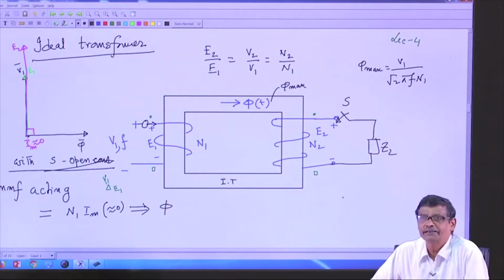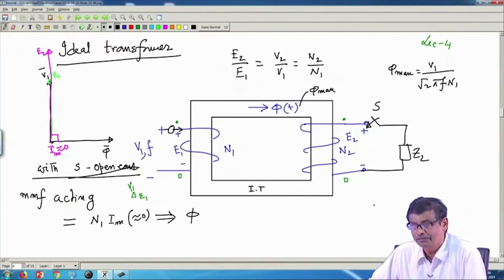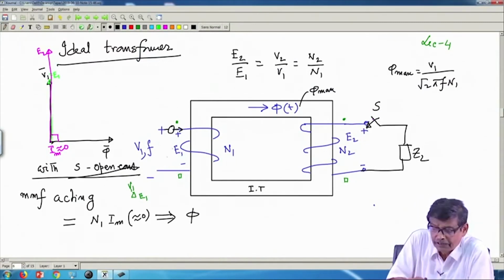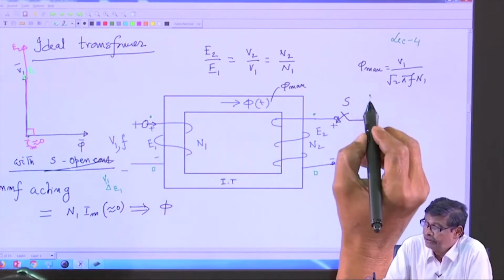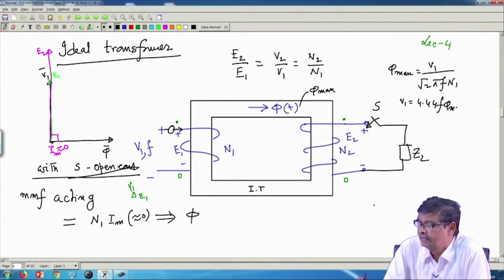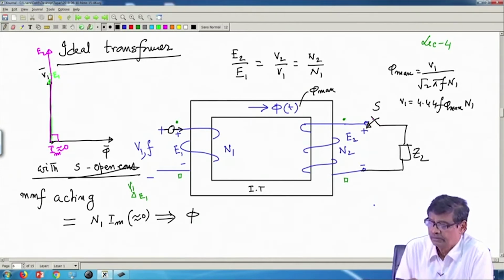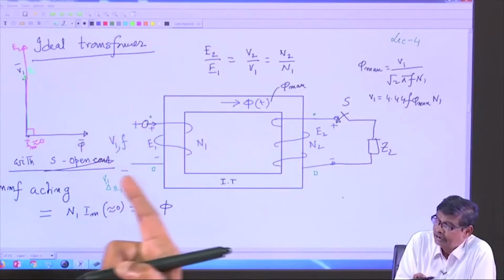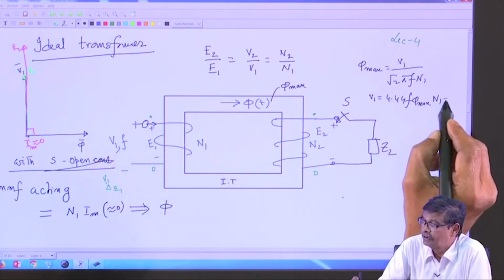That phi max and its frequency of course will remain same, flux must prevail. Why? Because primary has to satisfy the KVL equation, that is V1 equal to 4.44 f phi max into N1, V1 is fixed. So, on the primary winding the KVL is to be satisfied, V1 equal to E1.